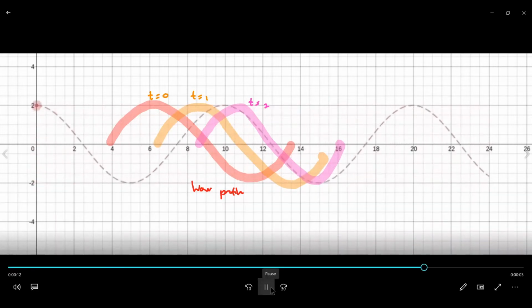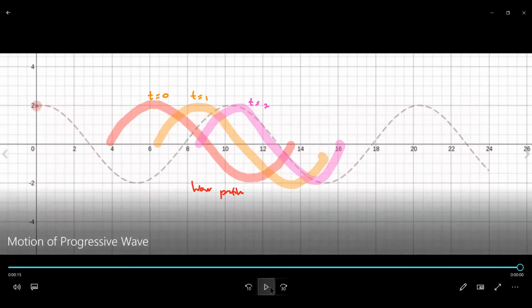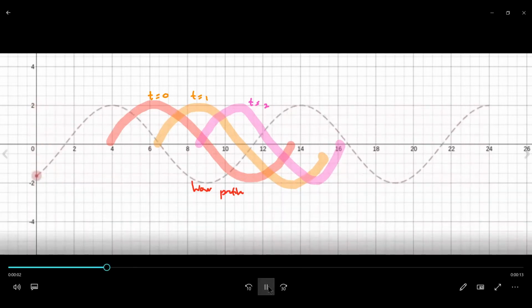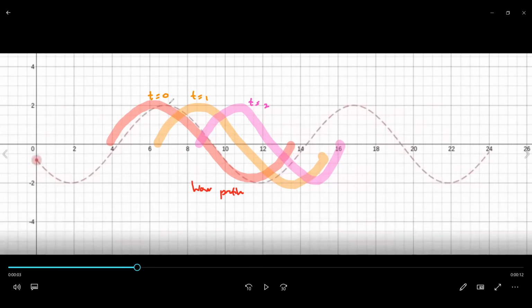Okay. So of interest here is that you see the wave crest is actually also moving. At the moment your wave profile is moving, your wave crest is also moving. So let me just freeze it at the appropriate time. You notice that this one here is your wave crest. Okay.